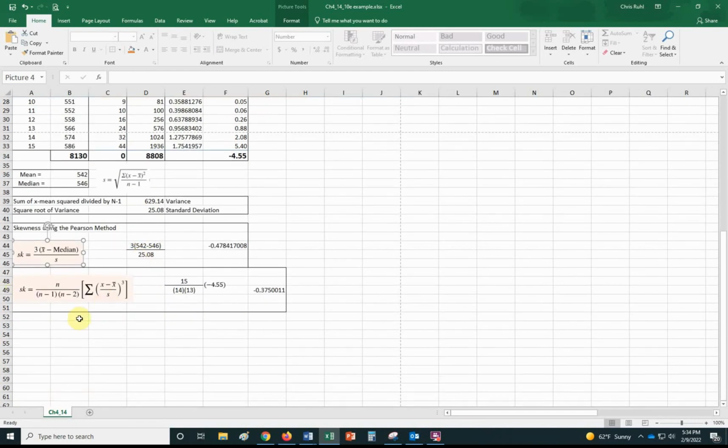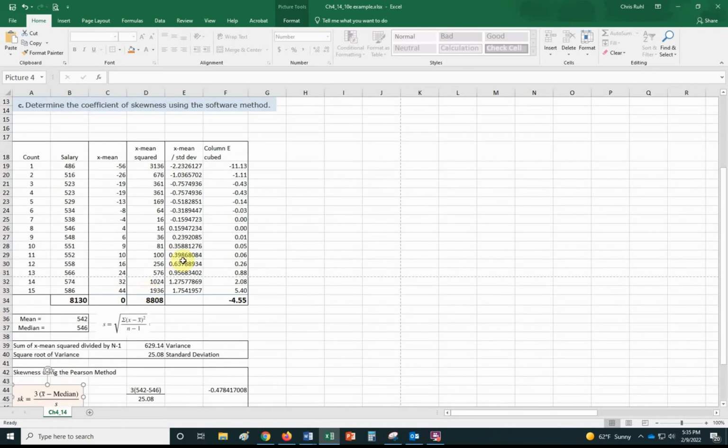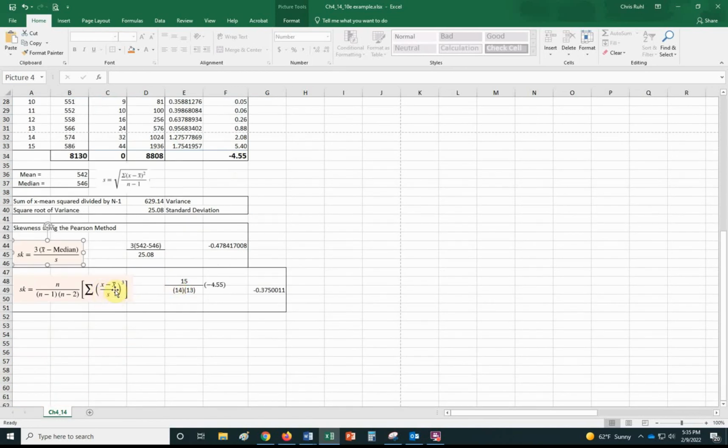That's this formula here. So to do that, working on this right side here, we need the summation of the difference between the data point and the mean, divided by the standard deviation, cubed. And let's see how we do that. Up here, here's the data point minus the mean divided by the standard deviation. That's this middle part in the parentheses right here. Okay?